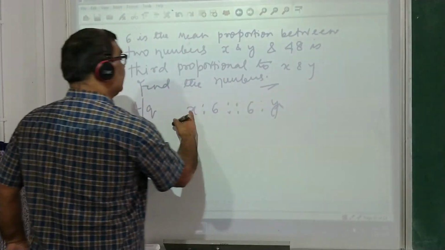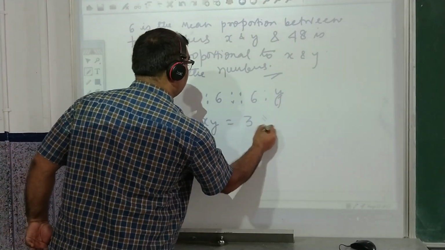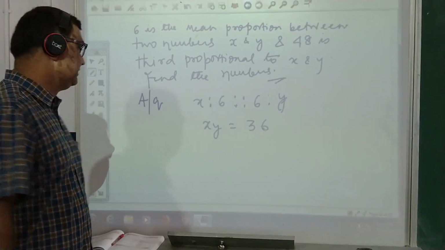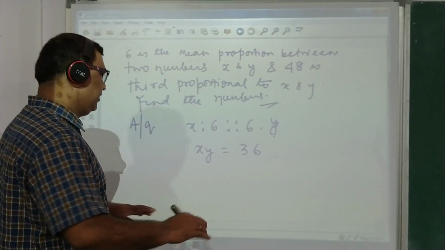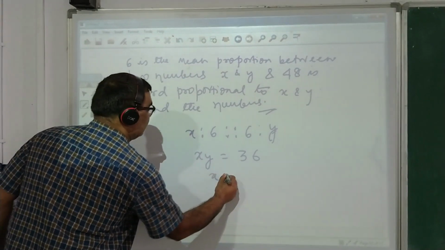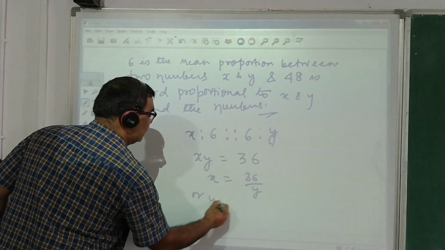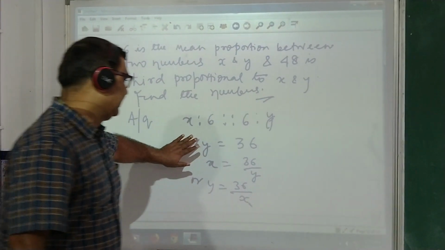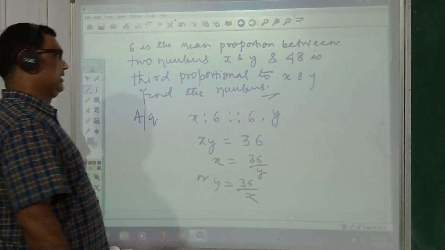So x into y, xy is equal to 36. You know the product of extremes equals the product of means. We may find the value for x, 36 by y, or y is equal to 36 by x, anything. Finally, we have xy is equal to 36.